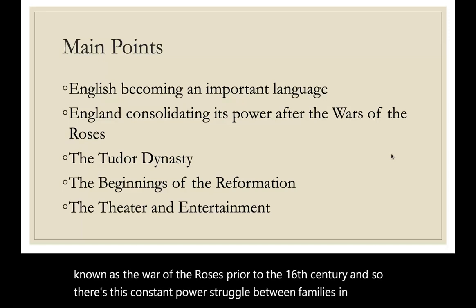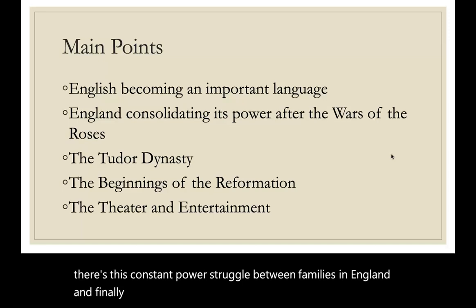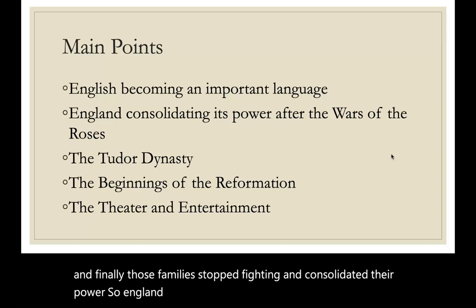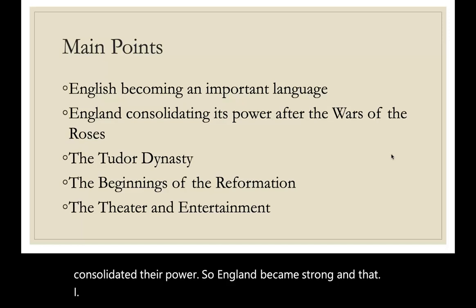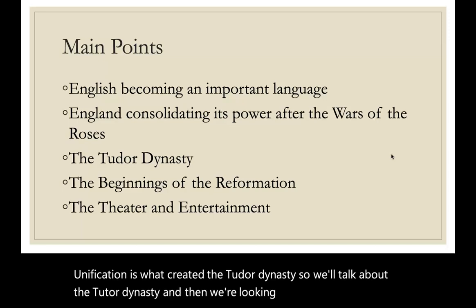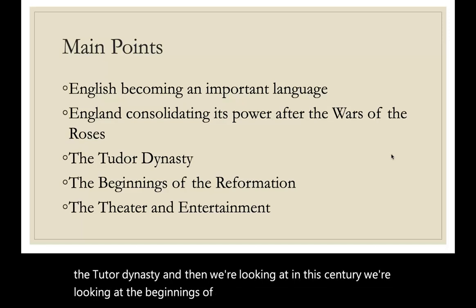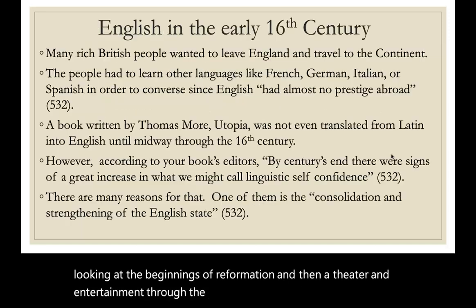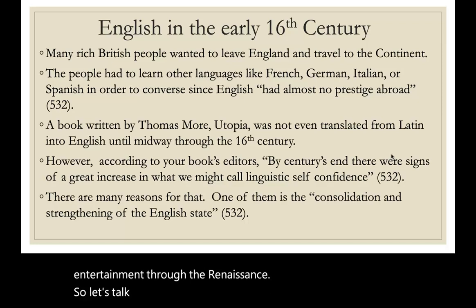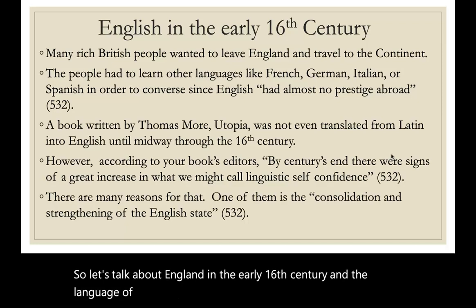And finally, those families stopped fighting and consolidated their power, so England became strong, and that unification is what created the Tudor dynasty. So we'll talk about the Tudor dynasty. And then in this century, we're looking at the beginnings of Reformation, and then theater and entertainment through the Renaissance. So let's talk about England in the early 16th century and the language of English specifically.